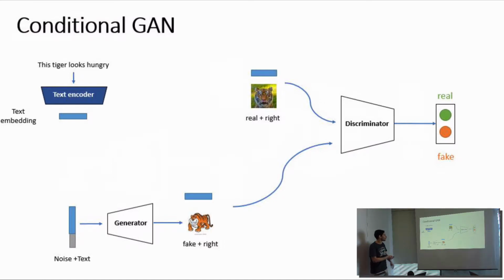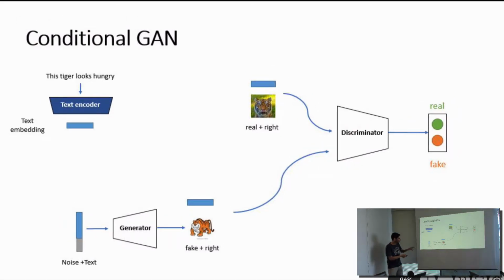The way we proceed, we have some sentence or caption or description. We use a text encoder to get a dense, vector representation of this text. Then this text, along with some noise, is fed into the generator, which will try to generate some images.